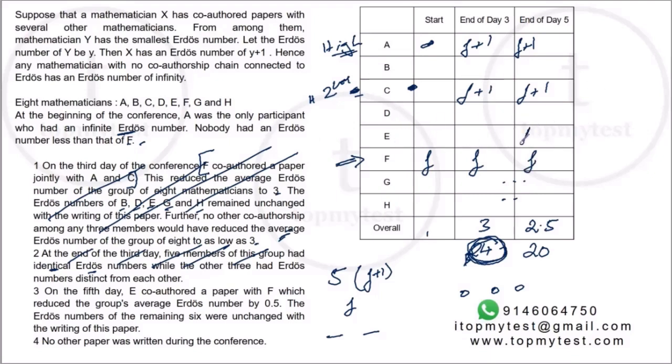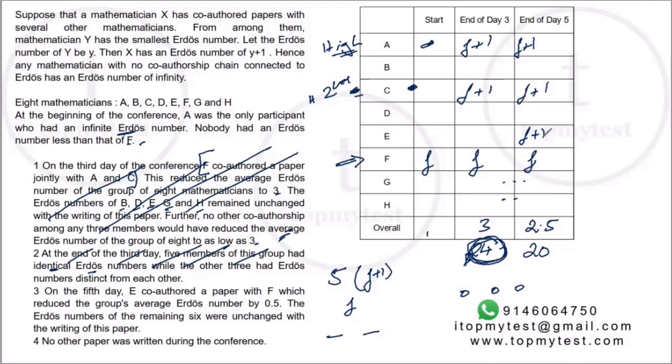Now, F does not change because F has the lowest number. So E will now become F plus 1, just as we calculated earlier, right? Which means E's Erdős number was not F plus 1 before. E will not be in these 5 people who had F plus 1 as their Erdős number. Why? Because there is nothing else happening on day 5. Everyone else remains the same, but the average has fallen.